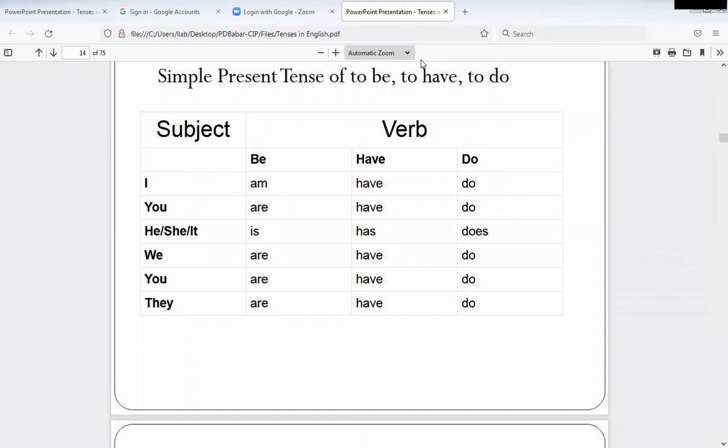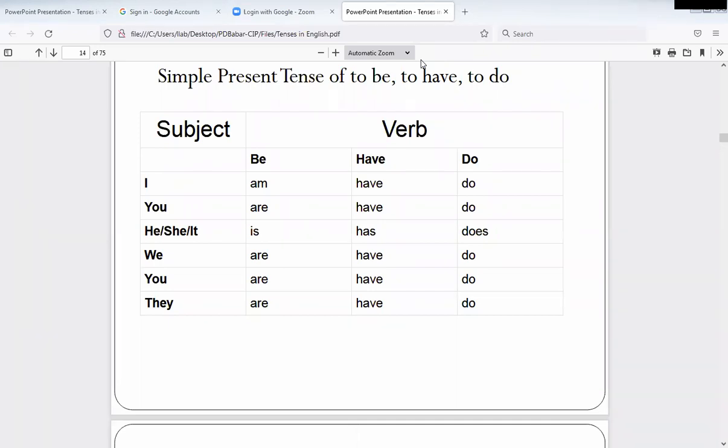You are a teacher, you are a student. You are a lecturer, you are a professor, you are an engineer. We will use are after you. Then the have form after you will be have itself. So you have a lecture today at 10 o'clock.